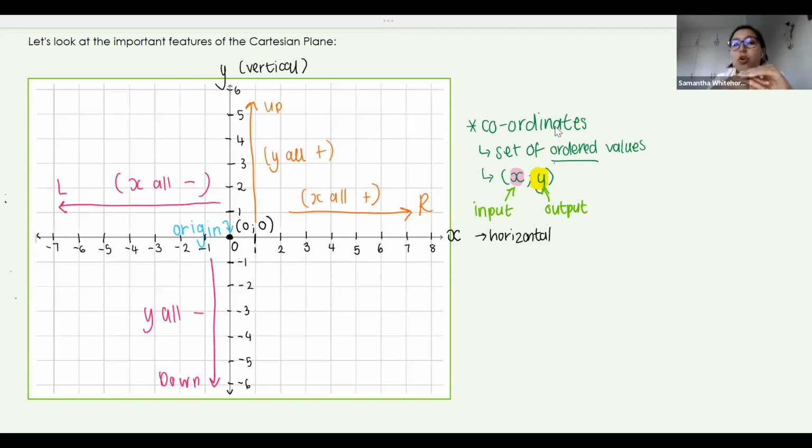So you can almost think of your two axes like two number lines. One's lying down, one's going straight up. Oh, thank you, ma'am. Good. So guys, that's a good way to remember it. It's basically two number lines. One's sitting horizontally, lying flat, one's vertical, but they're both number lines at the end of the day.